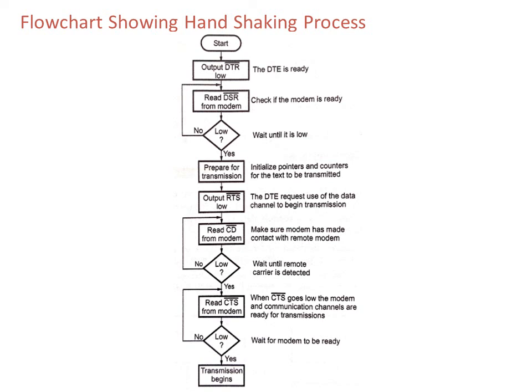If not, we again wait for the CTS signal to go low. If the CTS signal is low, that means clear to send, the modem is ready for transmission, and after that the transmission process begins.